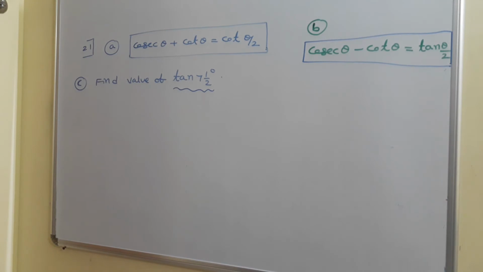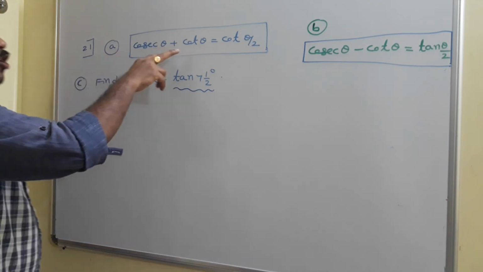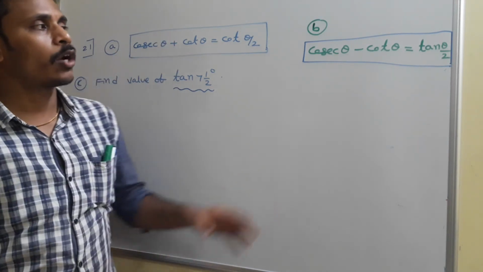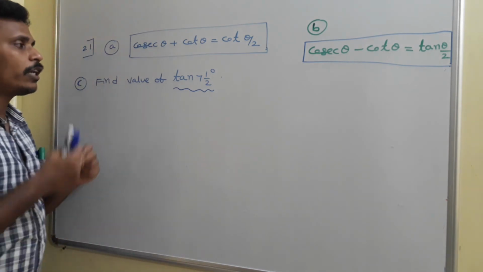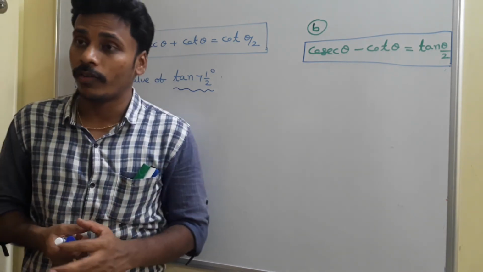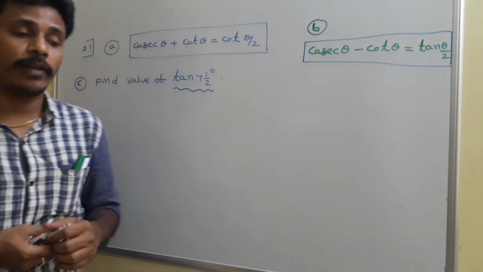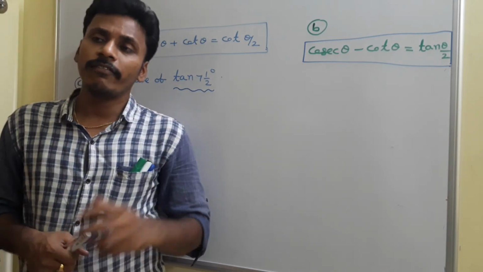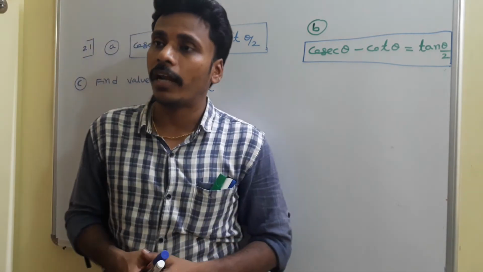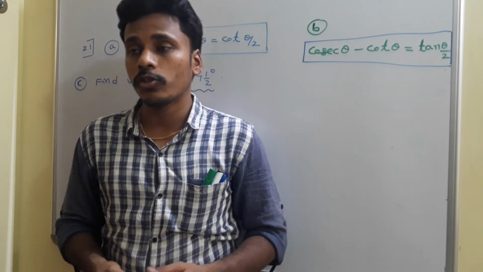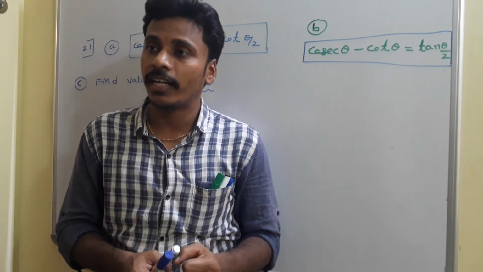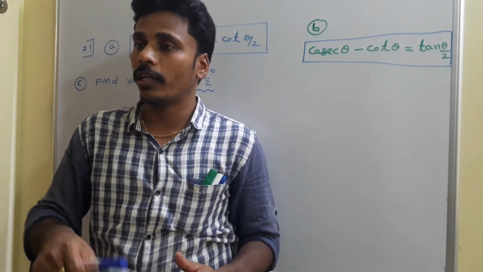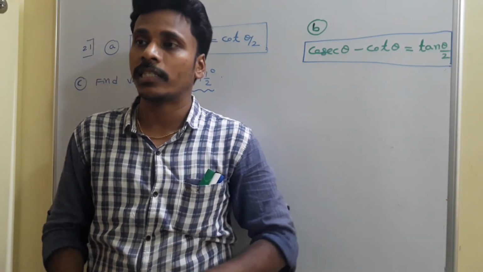Look there everybody. A and B we have. Cosec theta plus cot theta is cot theta by 2. Cosec theta minus cot theta is tan theta by 2. And we need to find the value of tan 7.5 degrees. How to find the value of tan 7.5? We found these different values, and all those values you need to memorize: sin 15 degrees, sin 75 degrees, cos 15, cos 75, tan 15, tan 75.